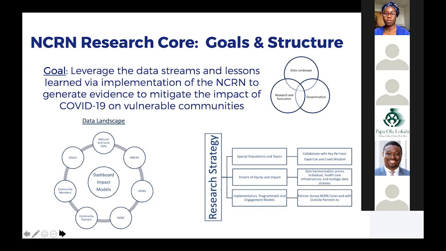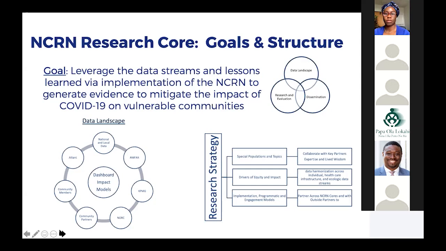The data landscape really is quite rich. We plan to utilize both publicly available data on COVID-19, healthcare infrastructure, social determinants of health, as well as data from the platform and from our users through KPMG, as well as other population health data from our partners at AMFAR.